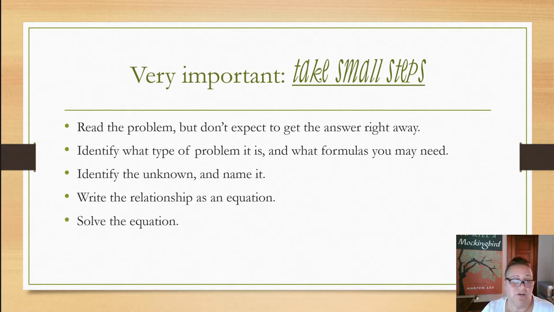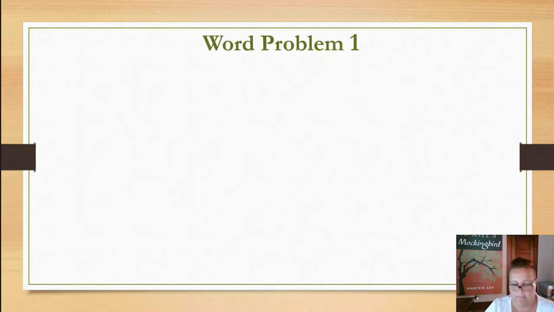Write the relationships as an equation. We are actually looking for the equation in much of this, and then solve that equation. I would add one more to this, which is be certain you are answering the question that is being asked, not just finding X.